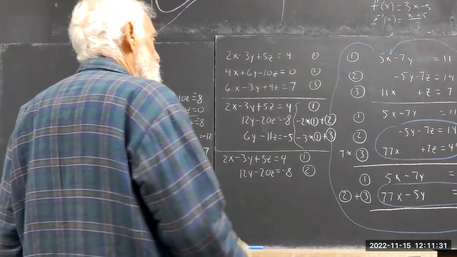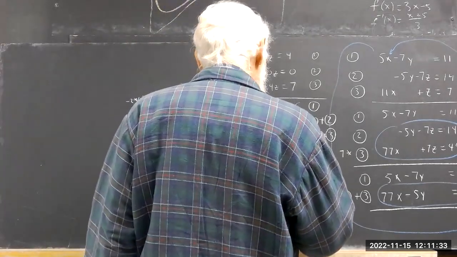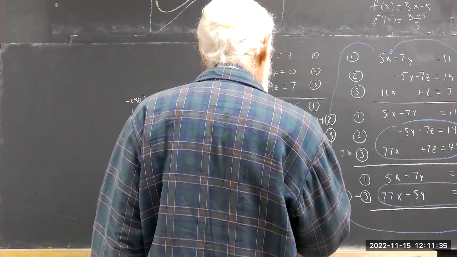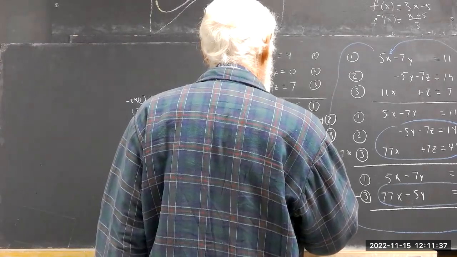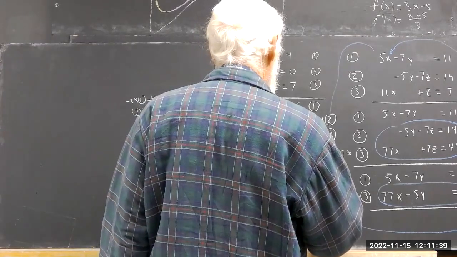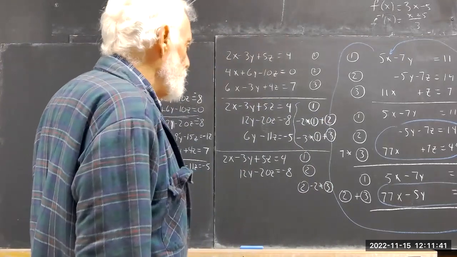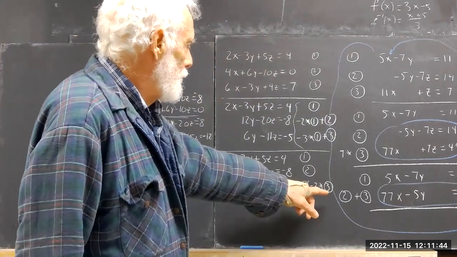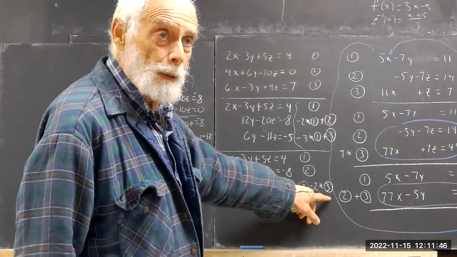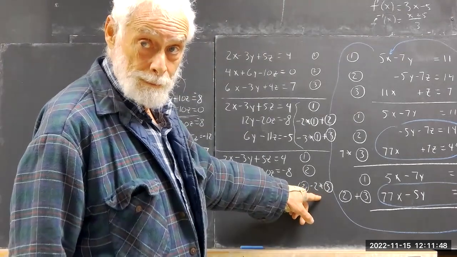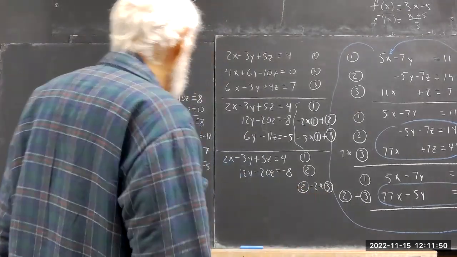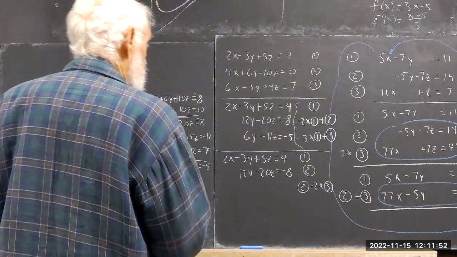And then I'm going to add my second equation to the third equation, which I first multiply by -2. And so I can do that. And let's do it off to the side.